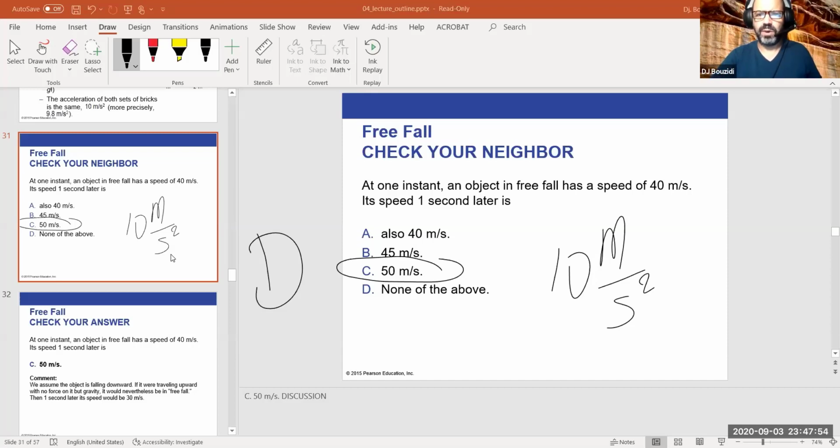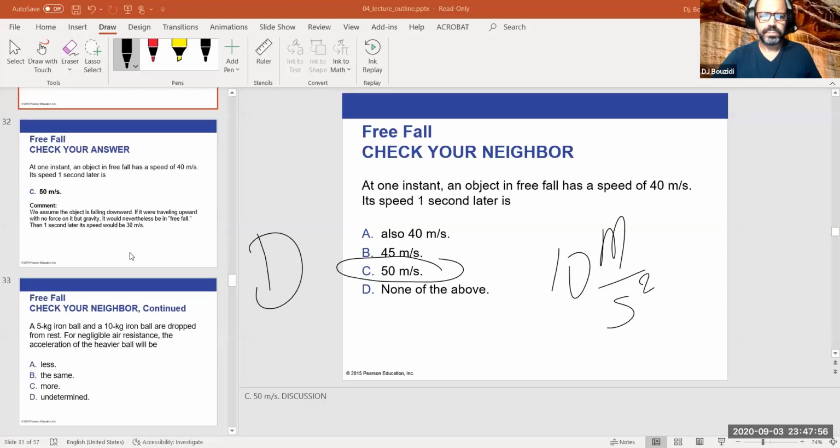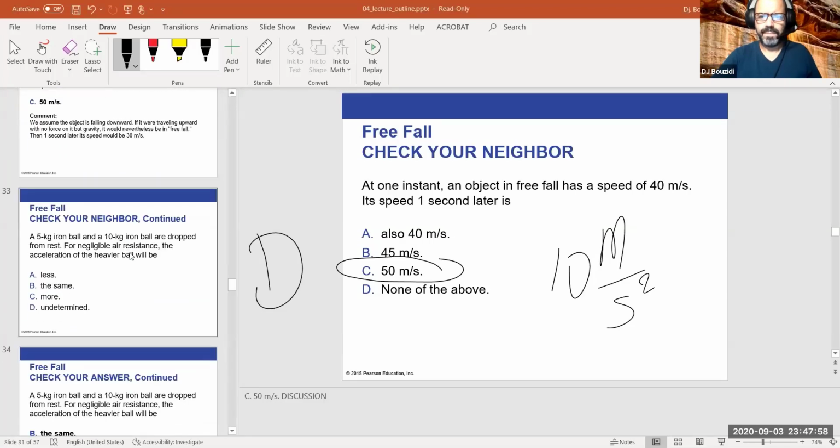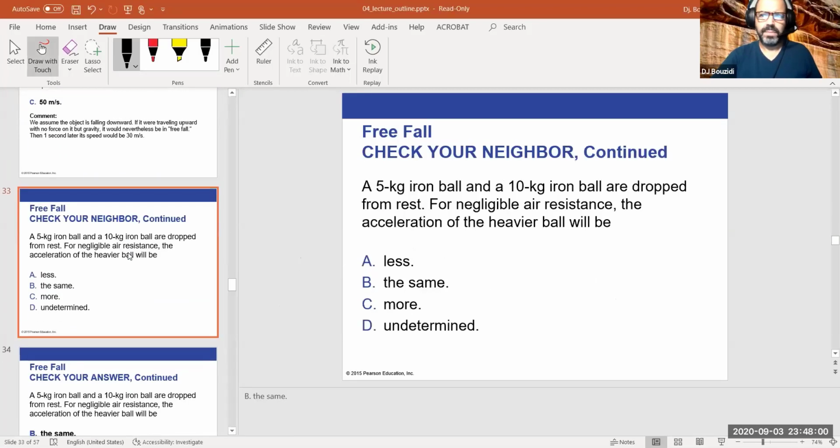So this is the free fall. Okay, very good. We have a 5 kilogram iron ball and a 10 kilogram iron ball dropped from rest, with negligible air resistance. So the air resistance is negligible. If the air resistance is important, then we have a problem.